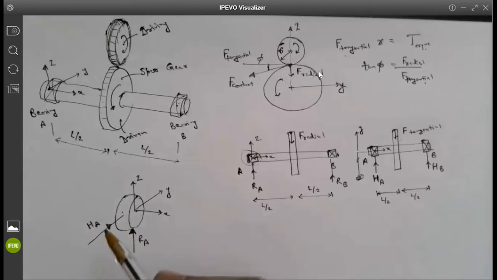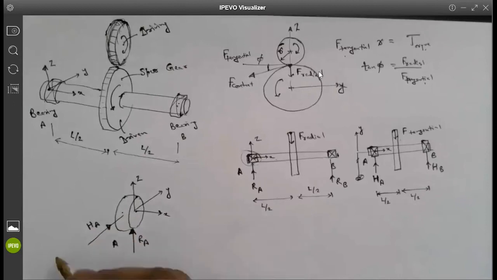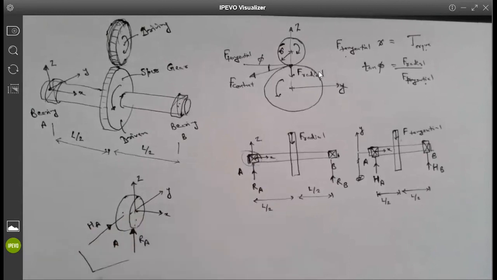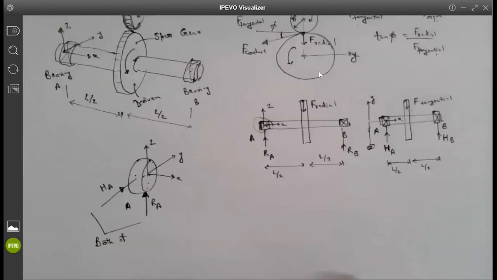So both of these are radial components, acting in the radial direction. Both these loads are contributing to the radial load. So what happens?